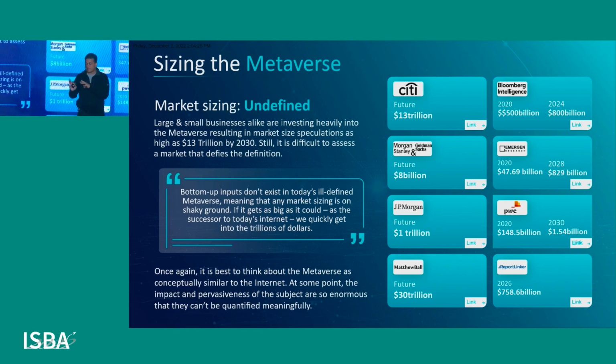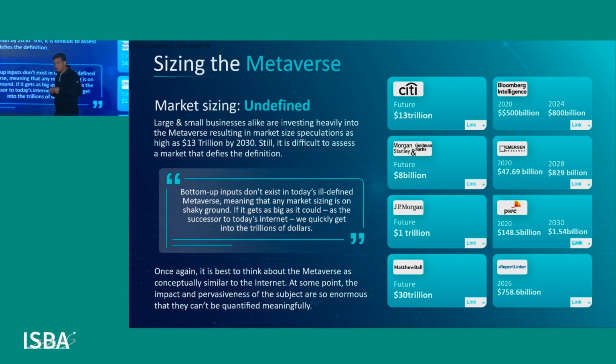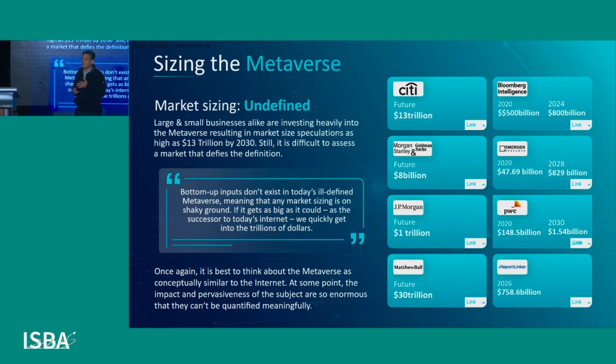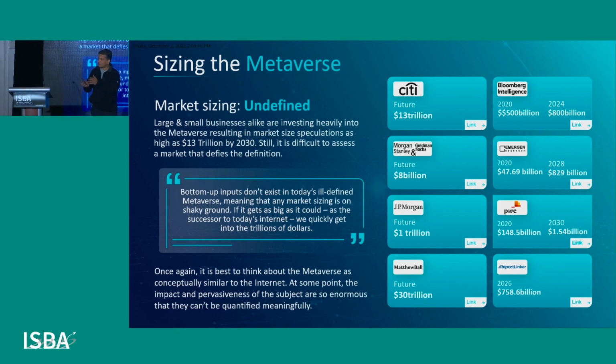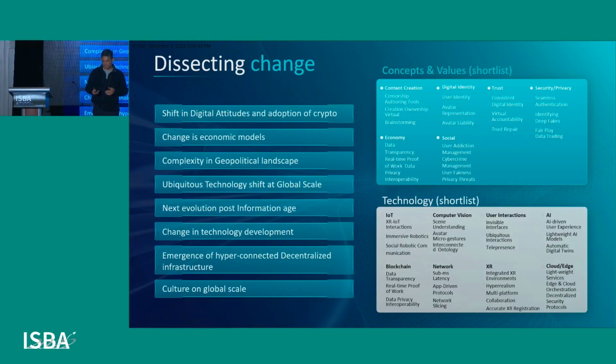I think these numbers reflect that opportunity. And some of them have a staggering number between the next 10 years, 15 years, 20 years. But that to me is the opportunity. And you can pick your poison, you can pick your vertical, the opportunity goes in that direction.